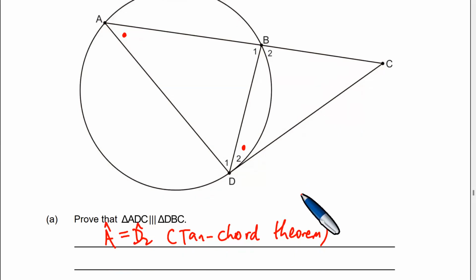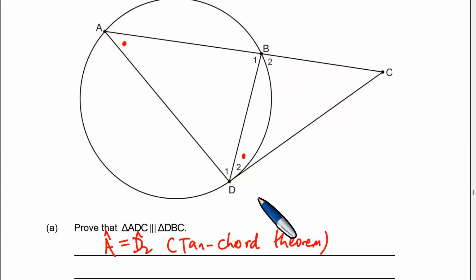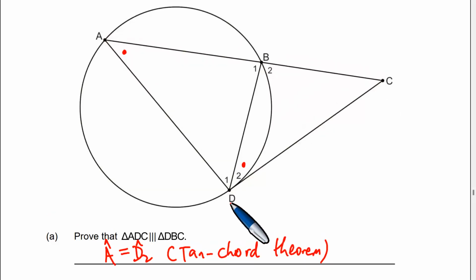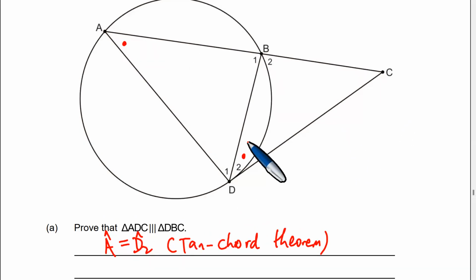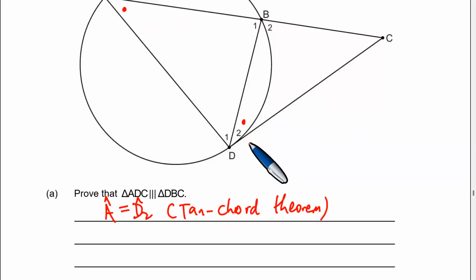Or you can indicate already that the angle at this point, because you're dealing with triangle ADC, right? So you can label these in many ways. So you can say, for instance, DCA is equal to, right?